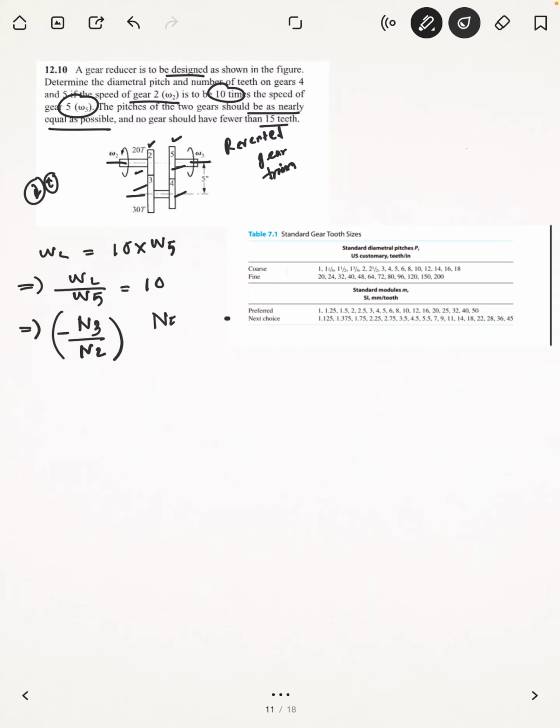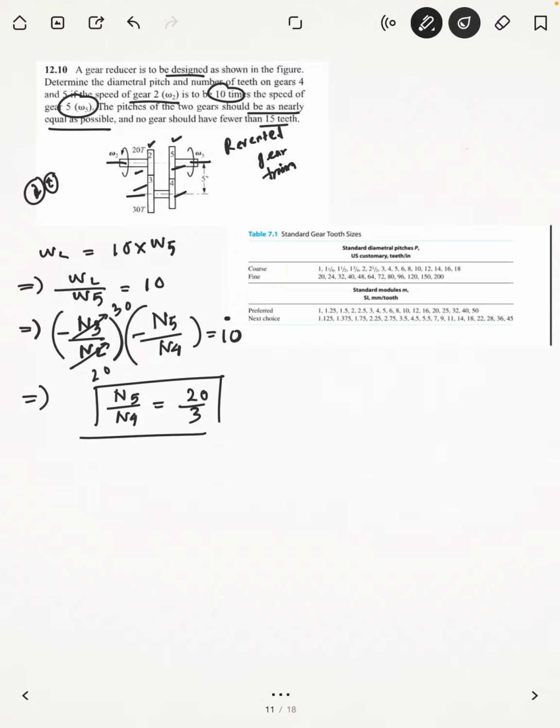So you have to write N5 by N4 is basically 10. From this equation, N3 is given as 30 and N2 is given as 20. If I input these values, you get N5 by N4 is 20 by 3. This is equation number 1.